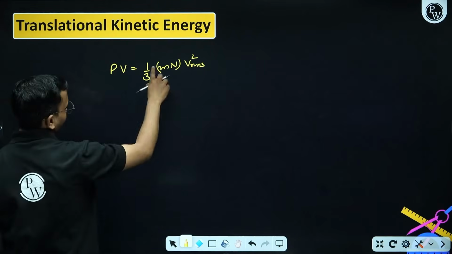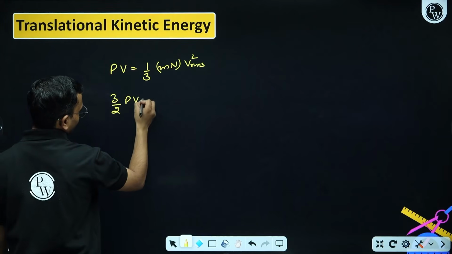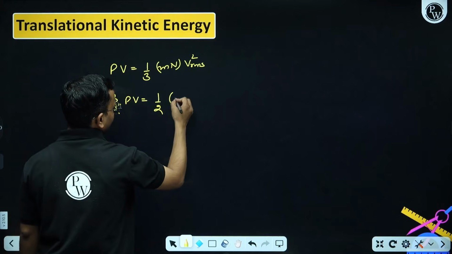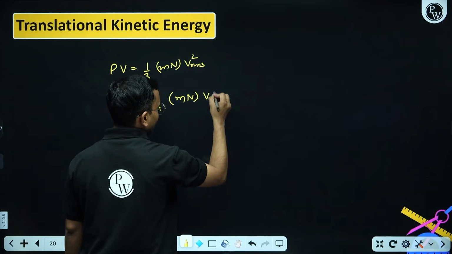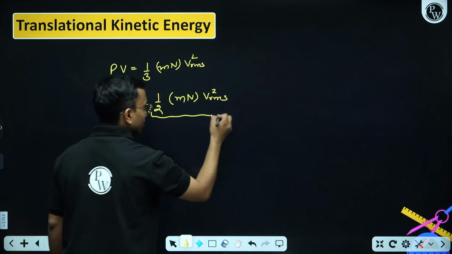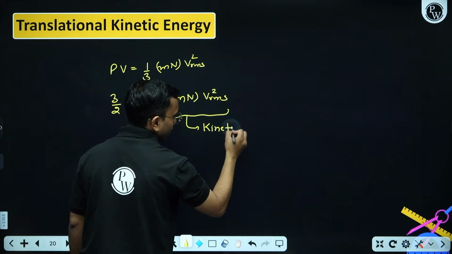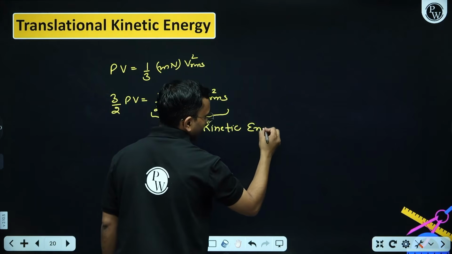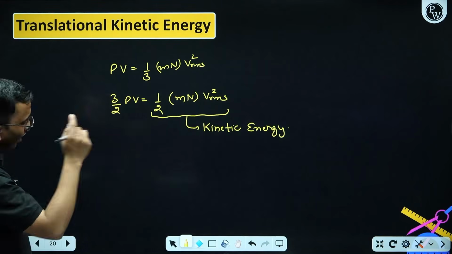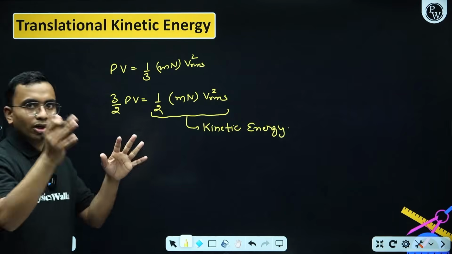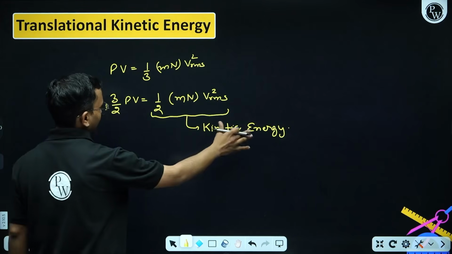Now I can take this 3 here and divide by 2, so this will become half into the total mass into VRMS squared. So what is this? This is basically the kinetic energy. Which kinetic energy? Translational kinetic energy. Here we are not considering molecules having a rotational degree or the like, so only the translational kinetic energy.